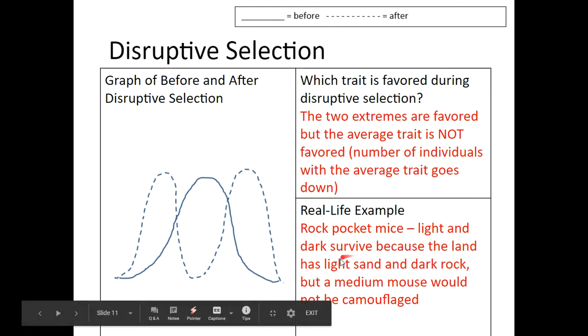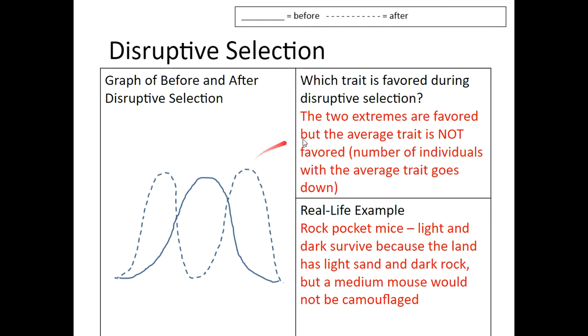So their environment basically goes light sand for a few miles and then suddenly becomes dark rock. And then it goes back to light sand and then dark rock. So having both of the extremes, light fur and dark fur, are both selected for.